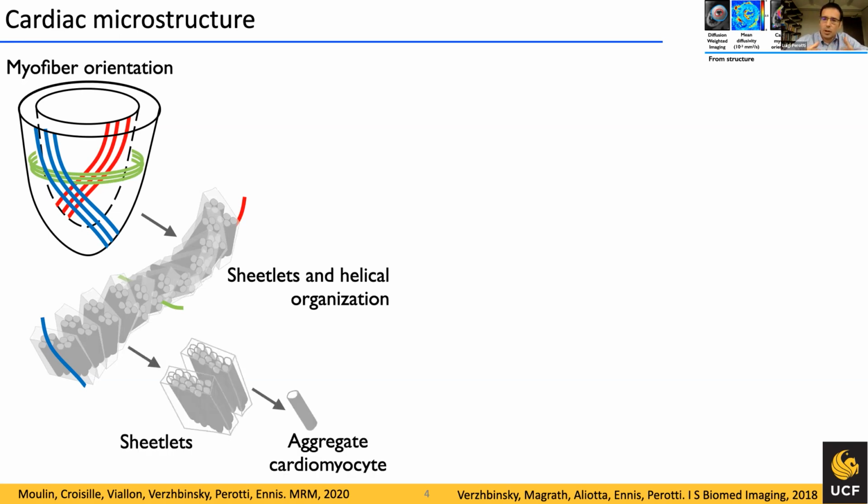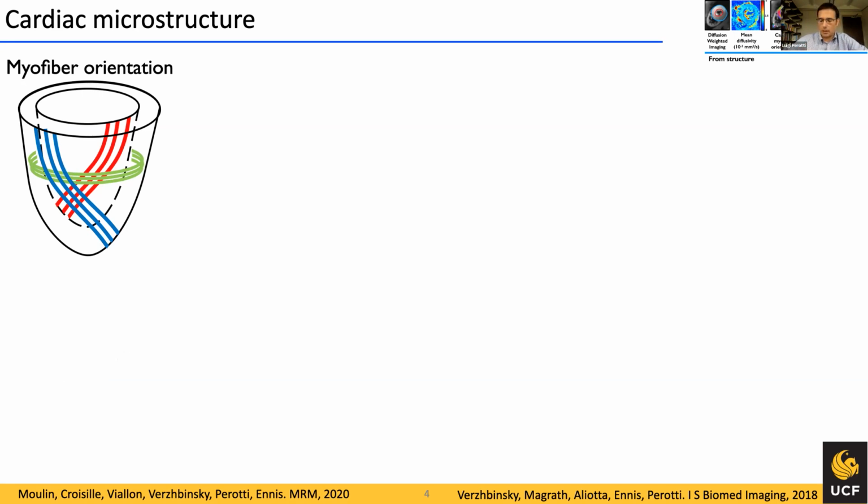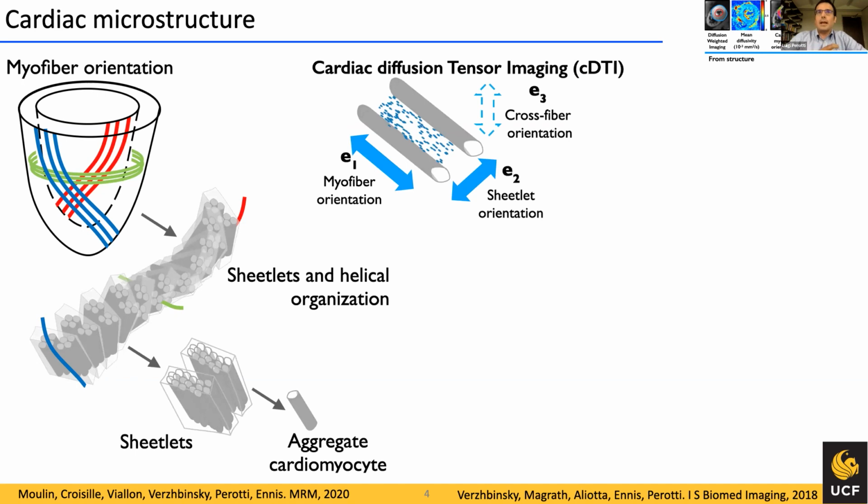Again, the preferential direction of the cell inside one box. We can do this by looking at the diffusion of water molecules. Water molecules diffuse more freely along the direction of the cardiomyocyte, and their diffusion is hindered in the cross-myocyte direction.